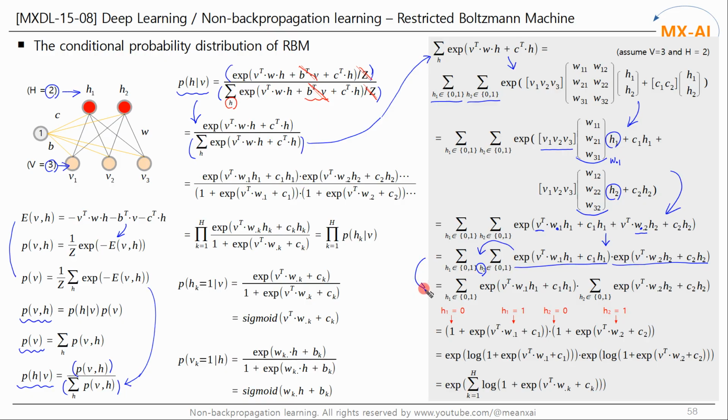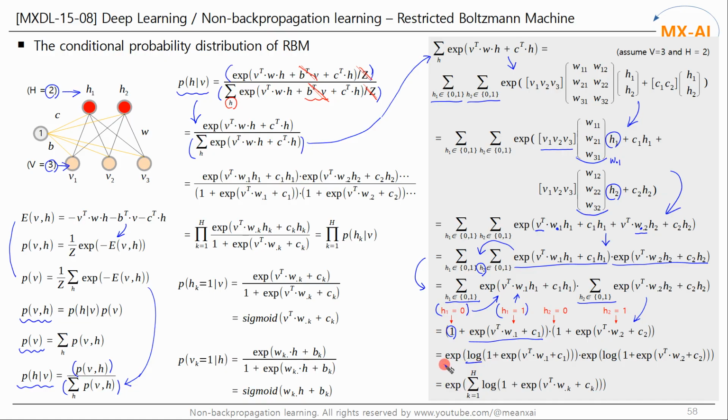Then, this expression can be written as follows. Next, let's plug H being 0 and 1 into this expression. If we plug H1 being 0 into the first factor, it becomes 1. And if we plug H1 being 1, it becomes like this. Likewise, the second factor becomes like this.